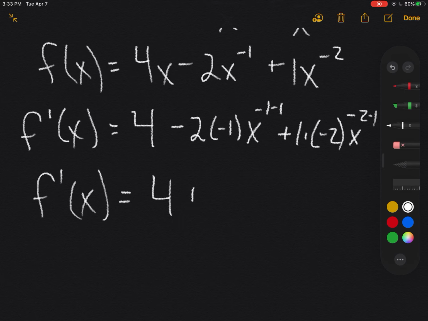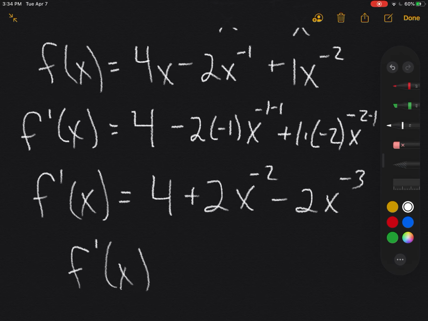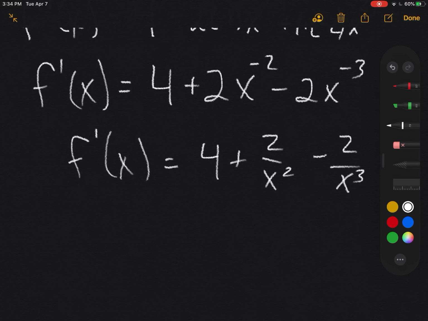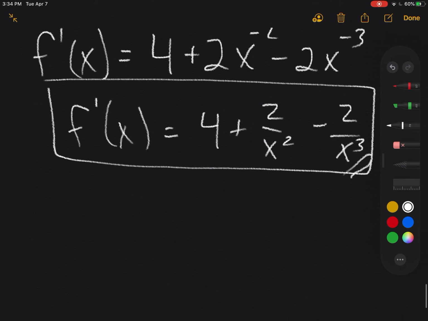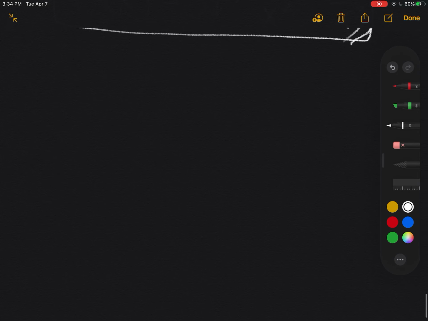Make sure those negative signs are visible for you. And then I'll get f prime of x equals 4 plus 2x to the negative 2 minus 2x to the negative 3. So f prime of x is equal to 4 plus 2 over x squared minus 2 over x cubed. And that is a perfectly acceptable, beautiful answer for this problem.